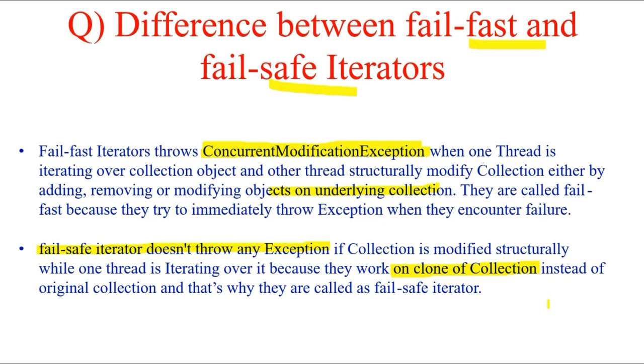The reason is that it works on the clone of the collection instead of the original collection, and hence it allows you to do it simultaneously and later they merge it all. That's the main difference between fail-fast and fail-safe iterators.